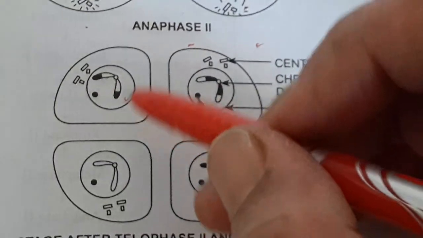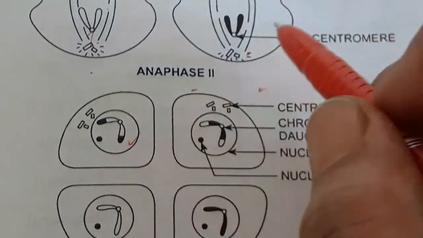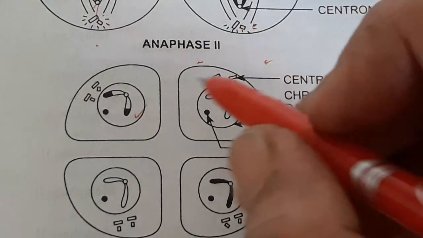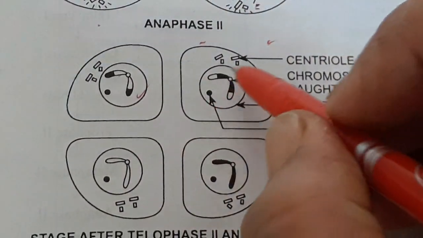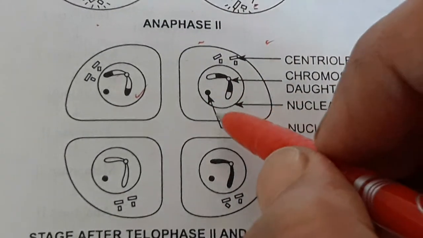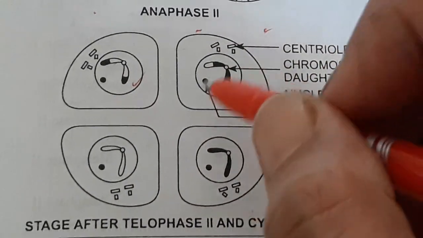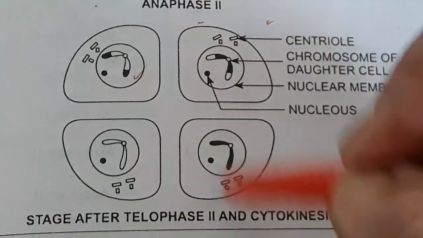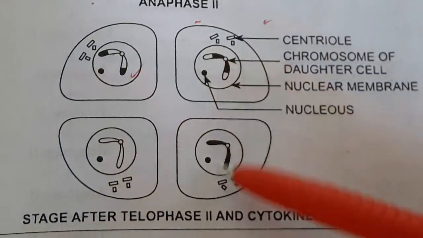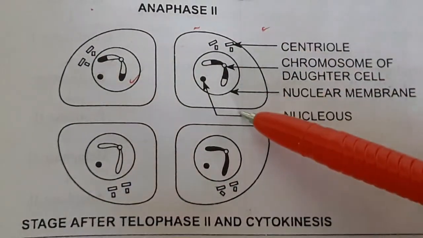In telophase 2, the nuclear membrane and nucleolus start reappearing, then the chromatids become thin and form network-like structures gradually, centrioles are taking their own positions, and ultimately the cytokinesis takes place, in which the cell divides into 4 daughter nuclei.